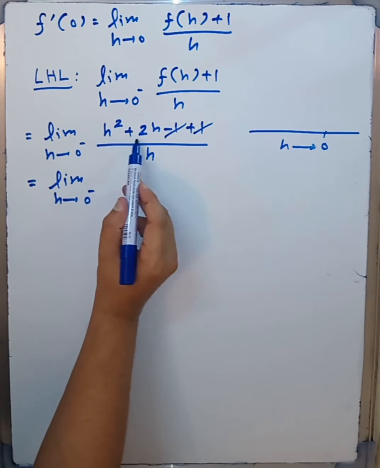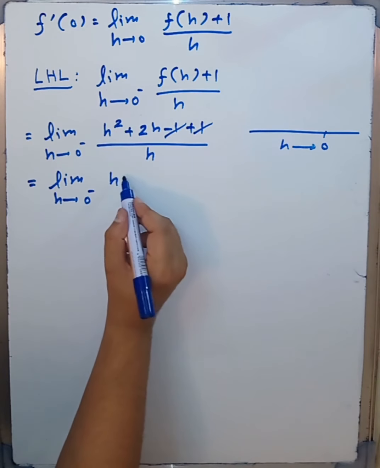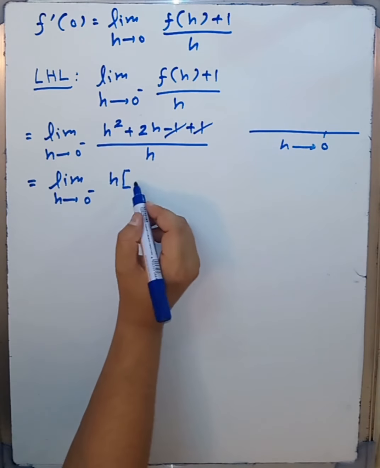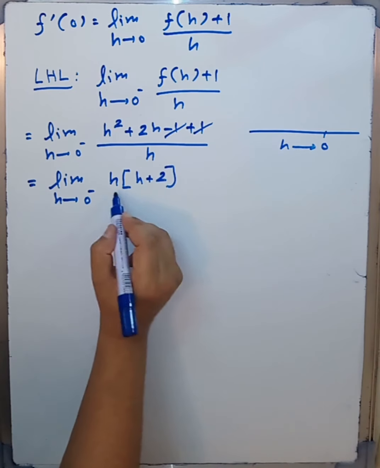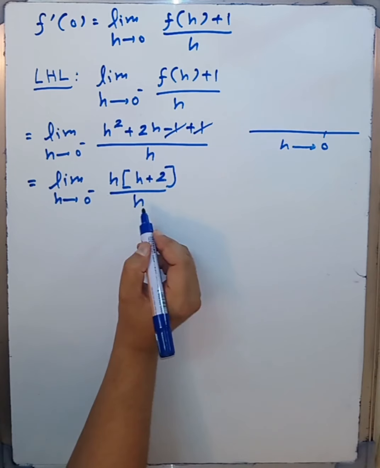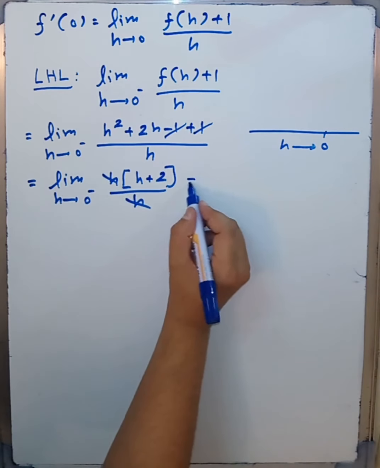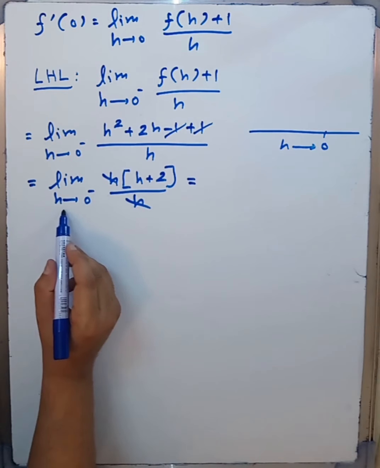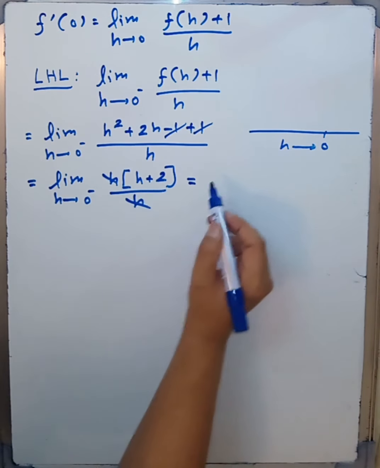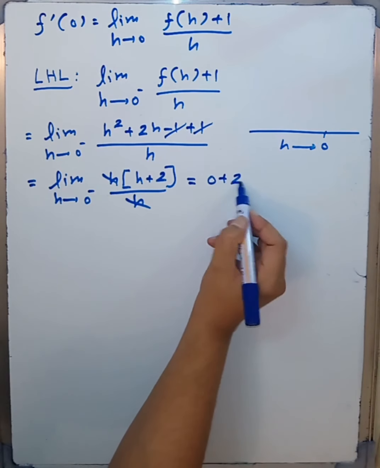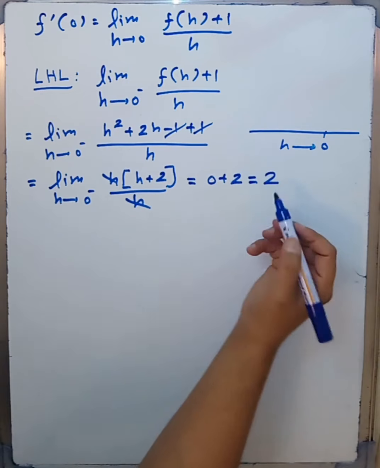In the numerator, we will take h common factor. h common inside the bracket, we get h plus 2 divided by h. h cancels with h, and because limit h tending to 0, we will get 0 plus 2. Therefore, the left hand limit is equal to 2.